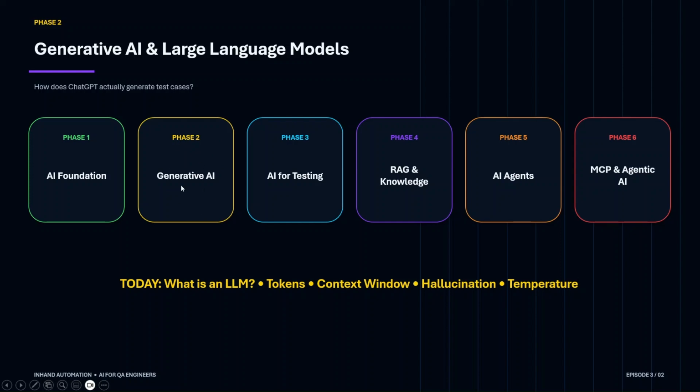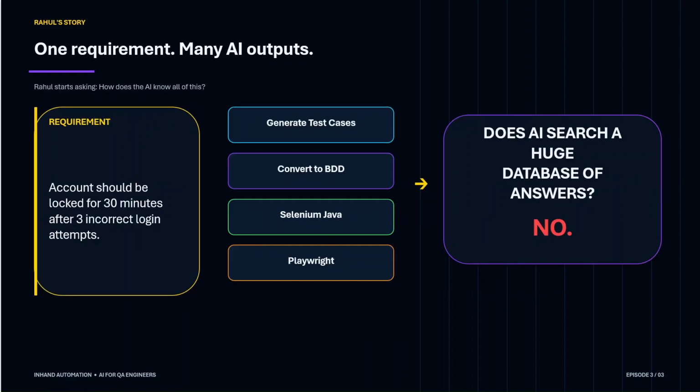So, welcome to phase two, Generative AI, guys. And today we are going to understand one of the most important technologies behind modern generative AI systems, which is the large language model. In short, we say LLMs. So let's continue Rahul's story and see what new requirement Rahul gets now.